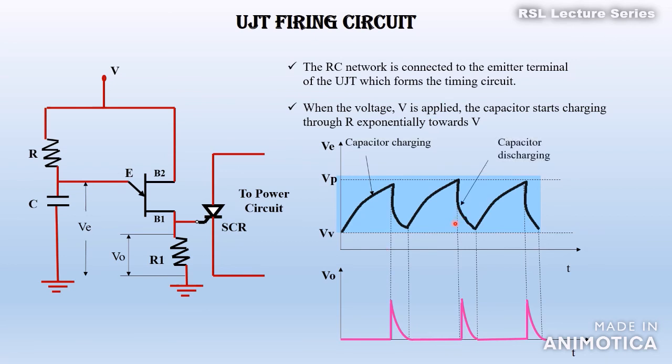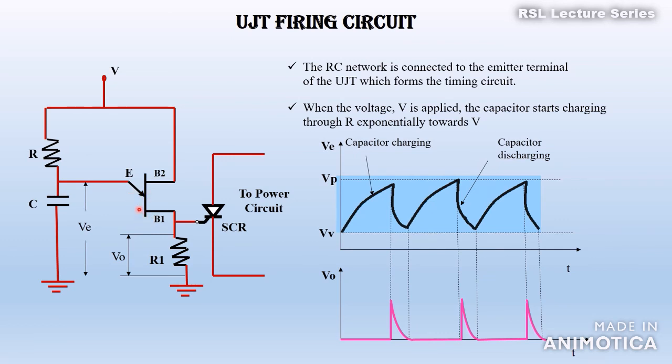Once the capacitor attains the peak point voltage, the unijunction between the emitter and base 1 will break down, and as a result the UJT will start conducting.